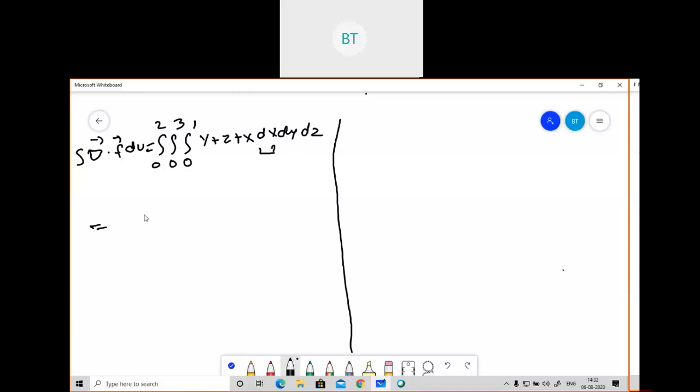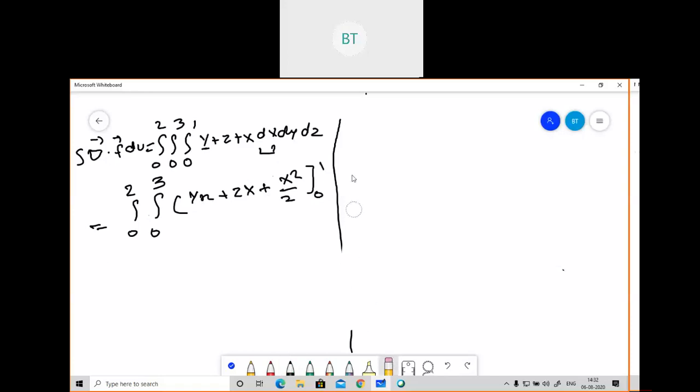We'll write the z and y limits as they are, 0 to 2 and 0 to 3. Now we need to integrate the x term. Here no x is there in y and z, so we'll integrate with respect to x. So what will come here? yx plus zx plus x square by 2, and the limit is from 0 to 1, dy dz.